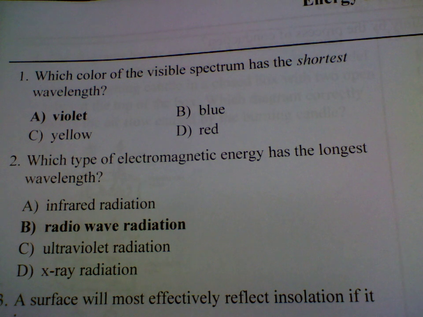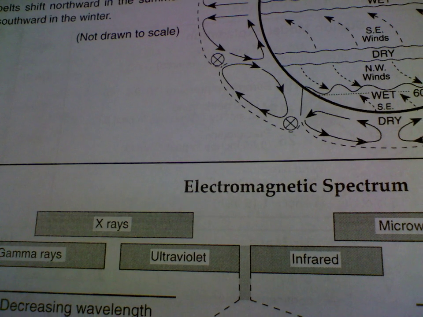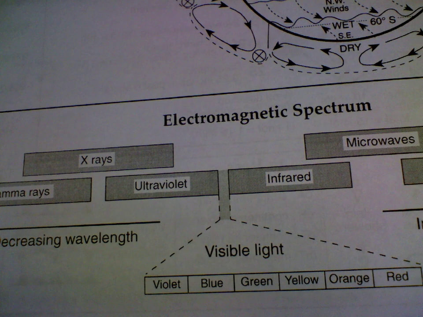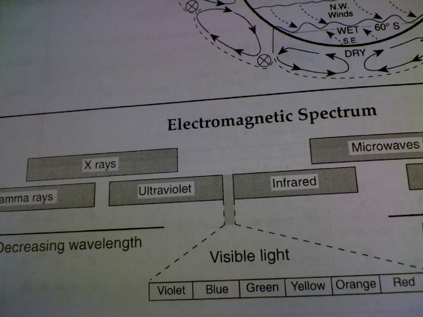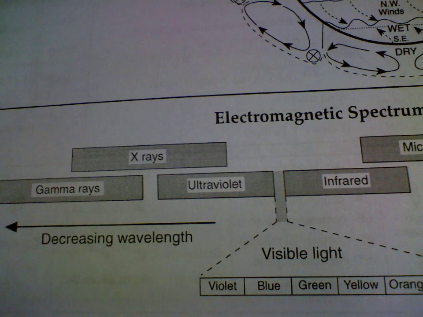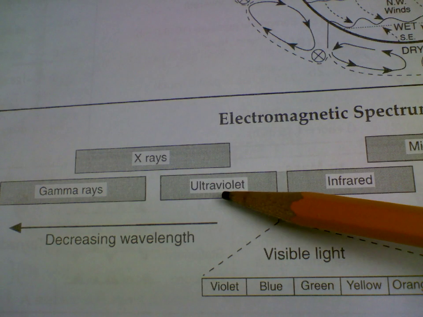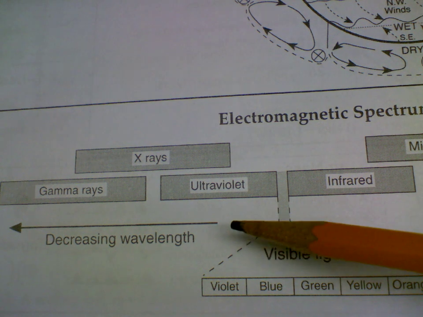So looking at number one, I think this is repetitive at this point, but which color of the visible spectrum has the shortest wavelength? Whenever we're talking about electromagnetic energy and wavelengths, we know we go to page 14 of the reference table. And looking at page 14, they're talking about which color has the longest and shortest wavelength. You could see again, all these different energies are different by their wavelengths.